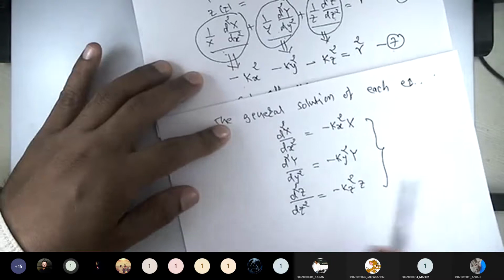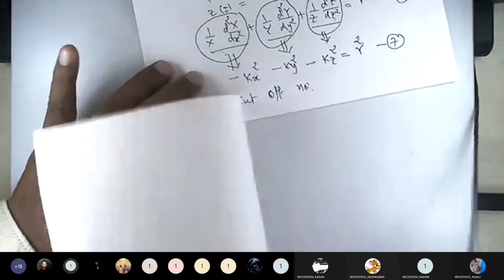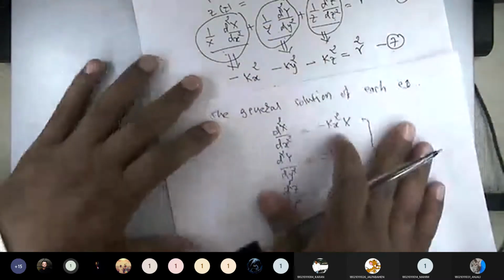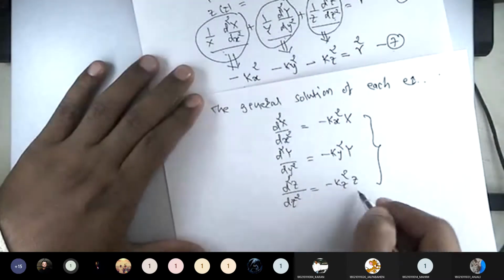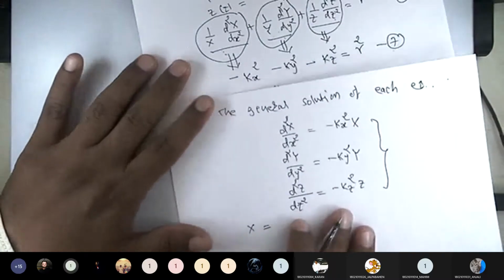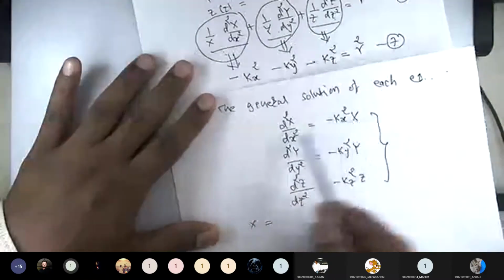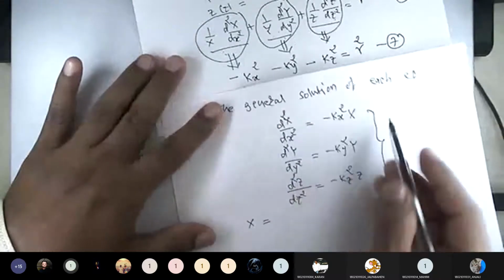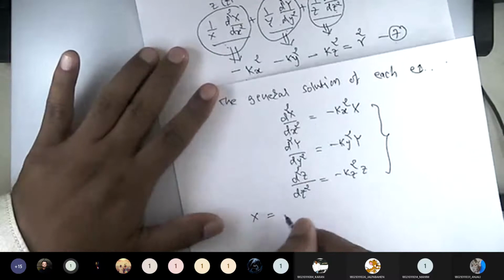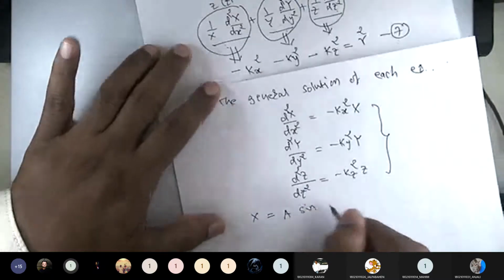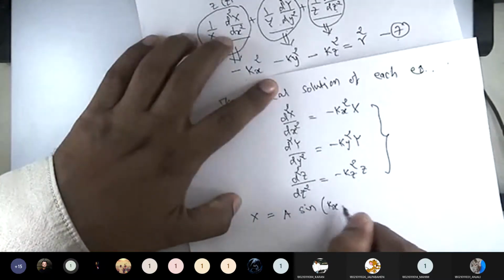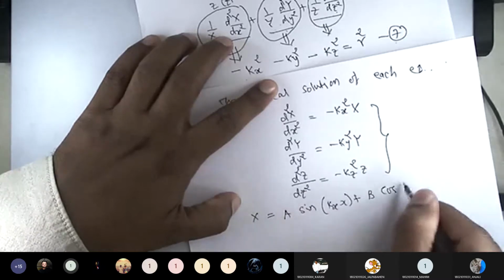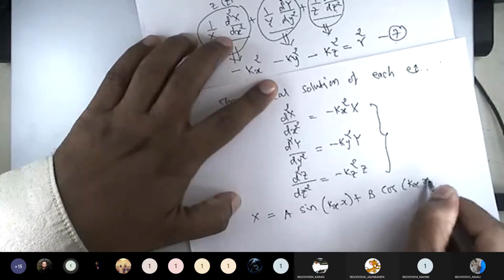So if I now get the solution of this form, then X, Y, and Z, all of you are aware, are nothing but our simple double differential equations. The solution is equal to some constant term, for example a sine kx into x plus b cos kx into x.